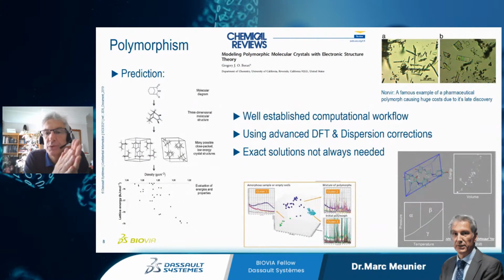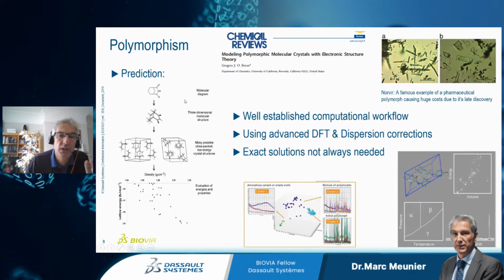Polymorphism is also something that one is concerned with when it comes to drug development, because, as I said, like in the case of Norvir, this polymorph appeared very late, even after the drug was released, and it's very costly then to go back and redevelop a new form. So how do we do that?